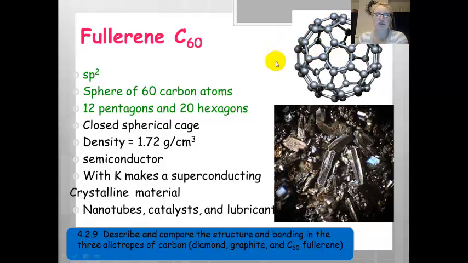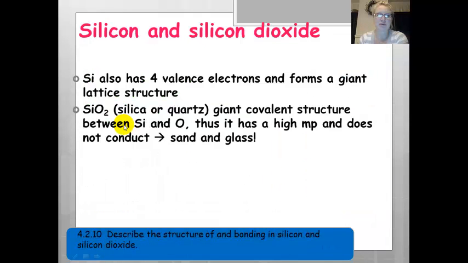It's a closed spherical cage, and its density is much lower than either graphite or diamond. It's only 1.72 grams per cubic centimeter. It's a semiconductor, and we use it with potassium to make a superconducting material. It's also used in nanotubes, catalysts, and lubricants, and you can see it looks much different than both graphite and diamond.